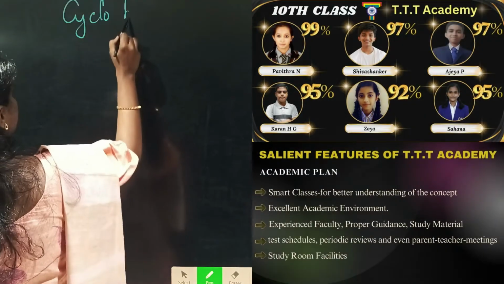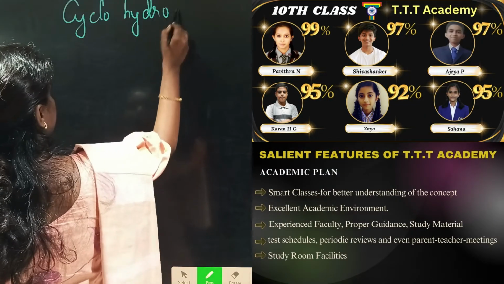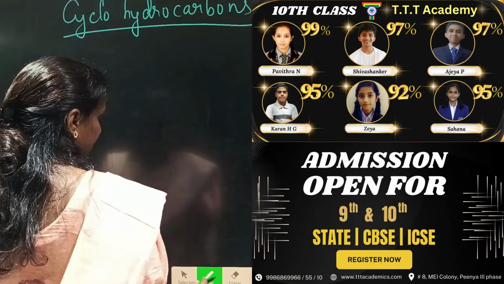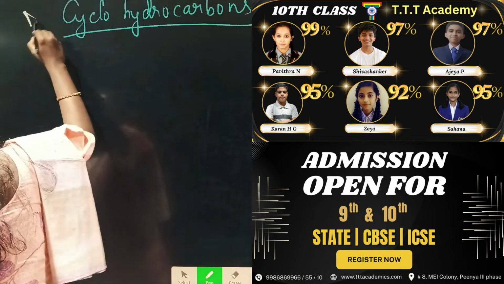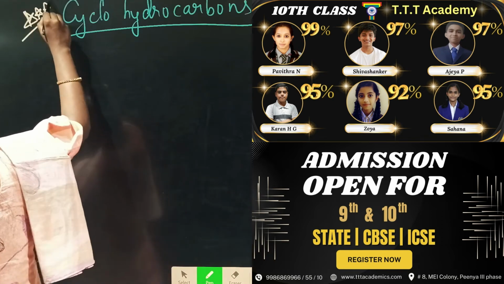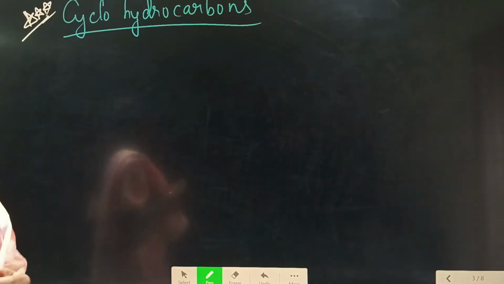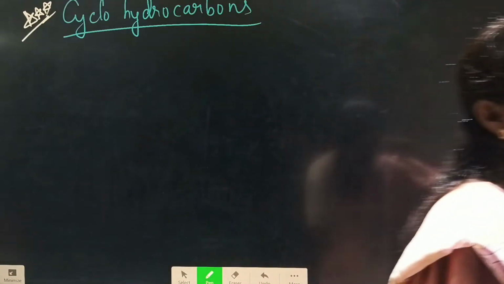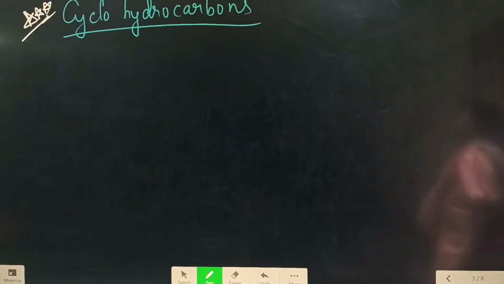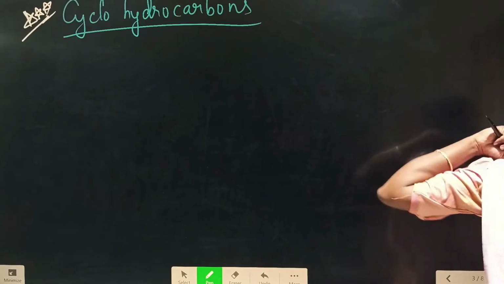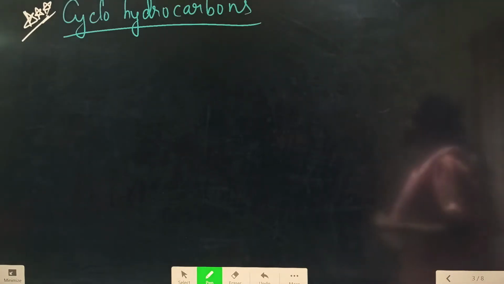Such things we call cyclohydrocarbons. Cyclohydrocarbons are very important; you can expect one question from this part. What do you mean by cyclohydrocarbons, or cyclic chain hydrocarbons? We can also say cyclic chain hydrocarbons.